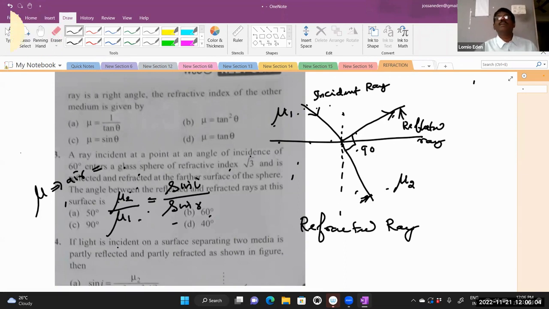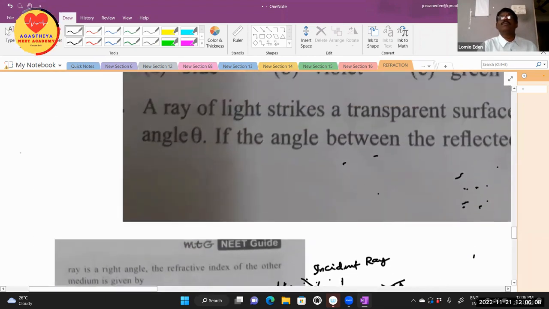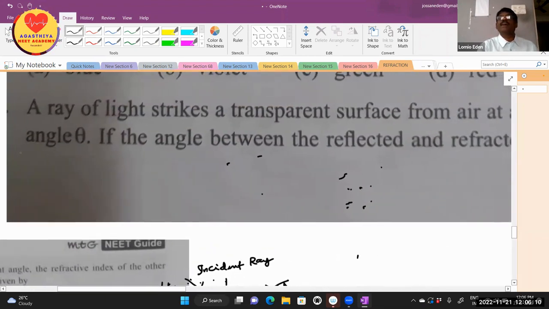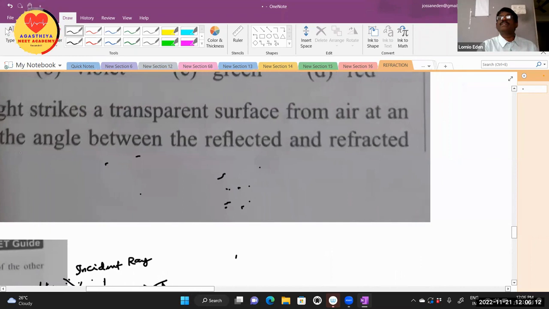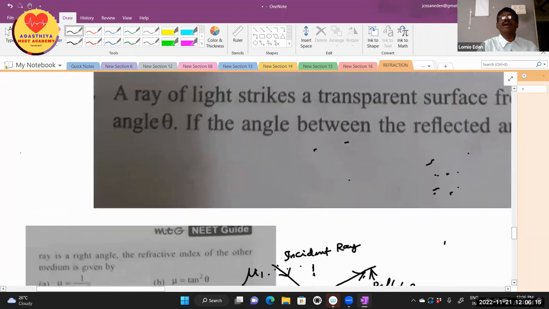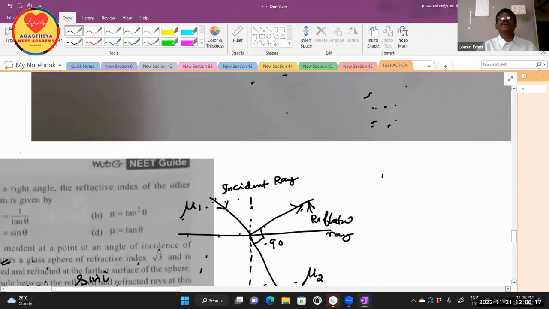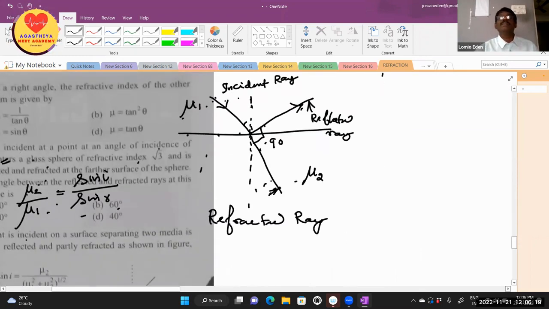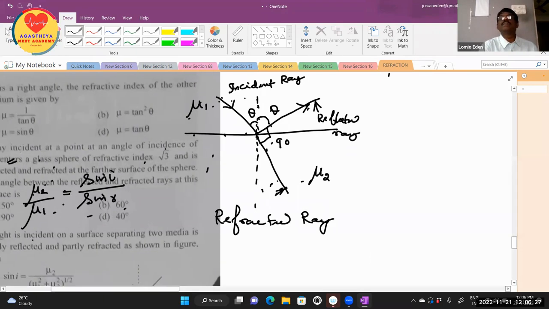See, as per the problem, the ray of light strikes the transparent surface from air at an angle theta. Therefore, this angle is theta. As per the law of reflection, this angle is also theta, isn't it?